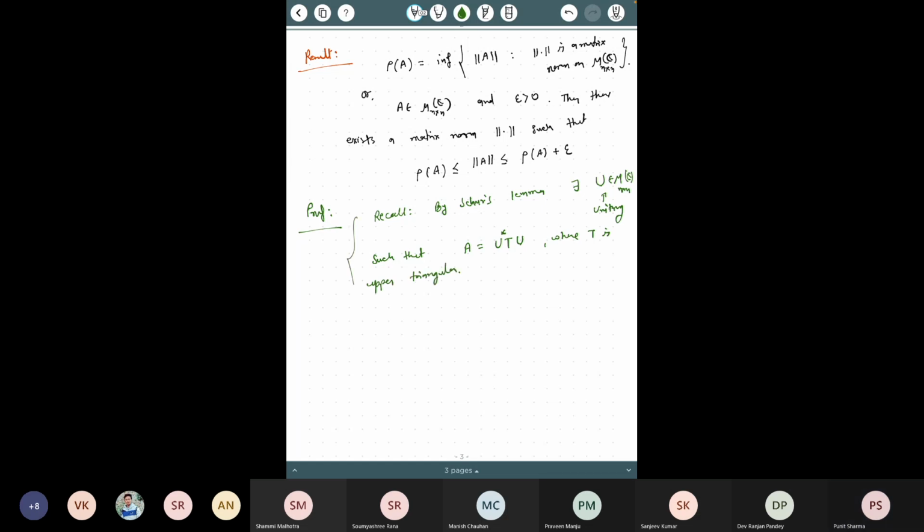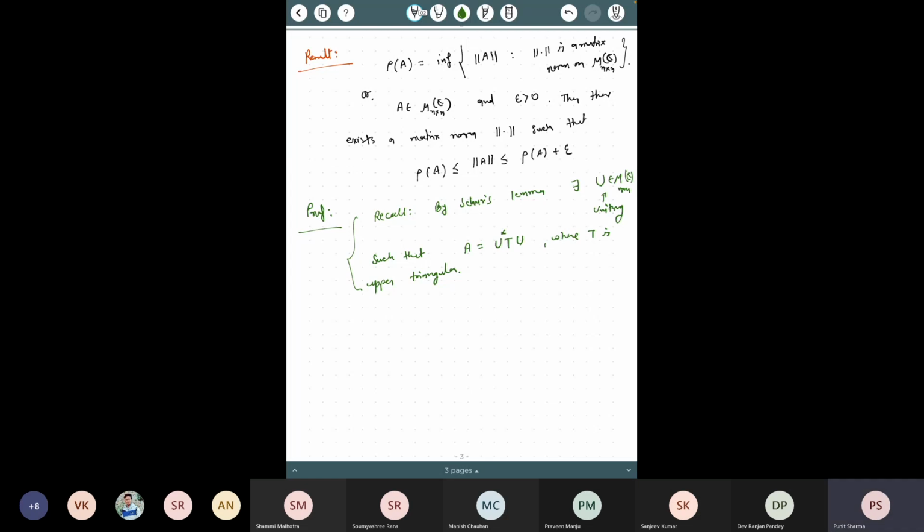This is because of Schur's lemma. Anyway, we will recall this decomposition again, maybe in the next class, but I will need this result for this proof. So let us suppose that for this A, I have this matrix U such that U star TU is A, where T is the upper triangular matrix. So this A is unitary similar to T. Now what do I have to find? I have to find a matrix norm.